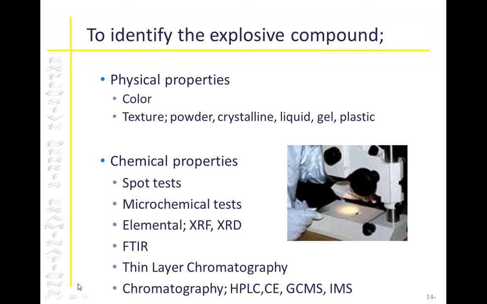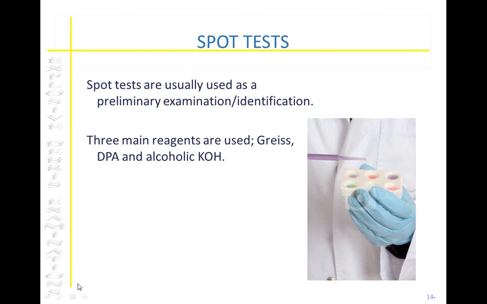We'll also work with different chemical properties, which include spot tests. These are going to be used primarily as a preliminary examination, but it will help that analyst identify the possible explosive that's in that residue.